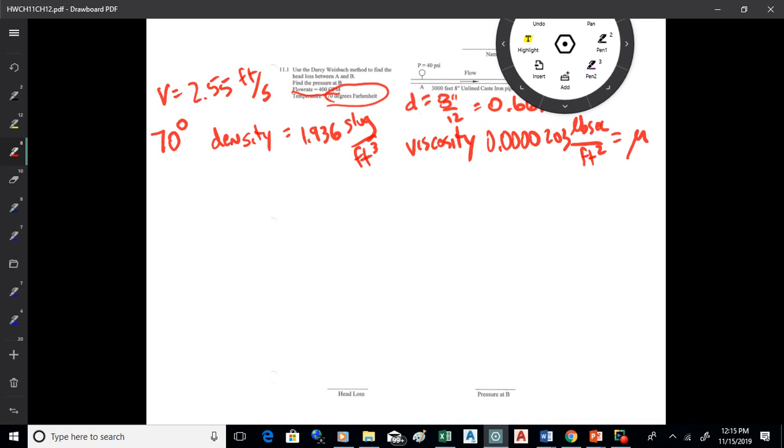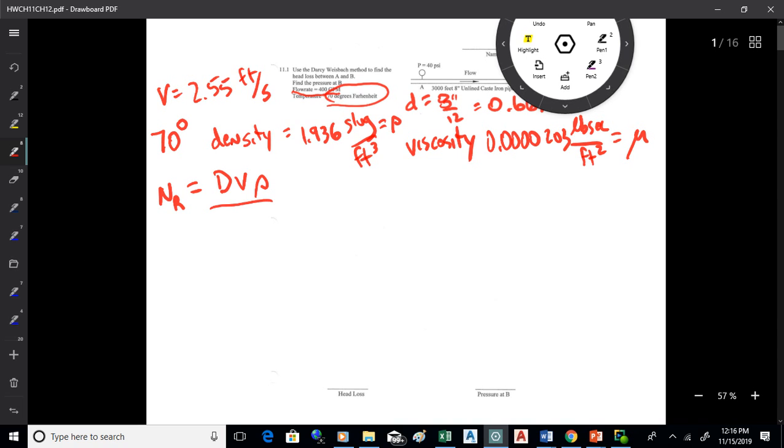That's our starting point, that information. Now what we want to do is find something called the Reynolds number. The Reynolds number is the pipe diameter times the velocity times the density, that's rho, another Greek letter, divided by the viscosity. If you have everything in standard units, you don't need to worry so much about units.